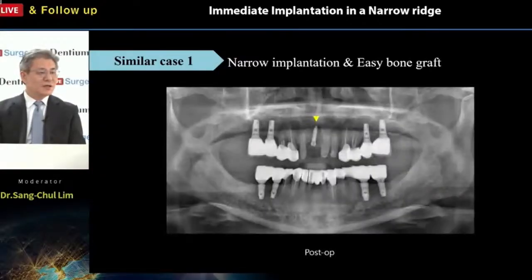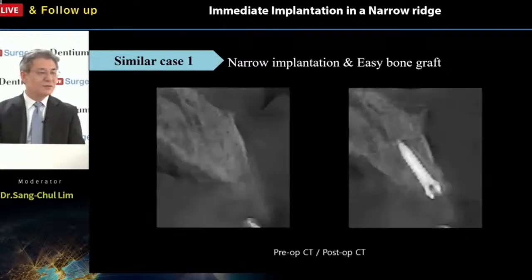So we extract and wait a few months, and then after the soft tissue heals, we insert this Bright TL implant, diameter 3.0, a very narrow diameter. However, all of this fixture is surrounded by host bone, and the implant thread engages the cancellous bone. So it extremely reduces the stress on the bone crest.